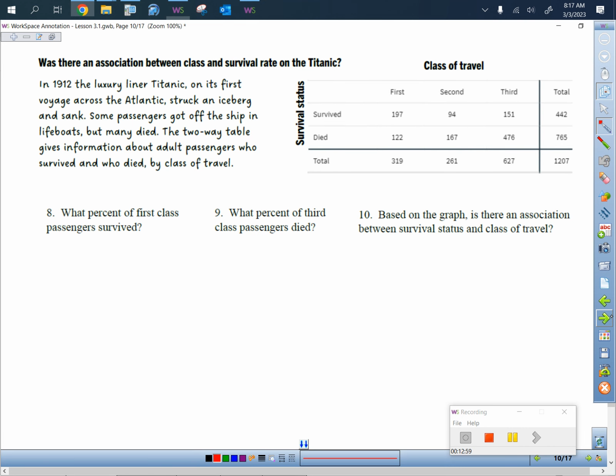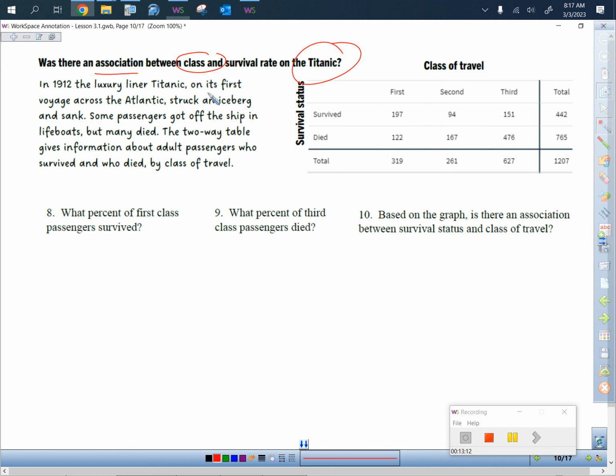So here's another one. Was there an association between your class, like first-class citizen, second-class citizen, and third-class citizen, back in the day on the Titanic? The Titanic was well over 100 years ago, in 1912, so they had all those class systems. Your very rich were first class, your average person was second class, and then you had your third-class people.